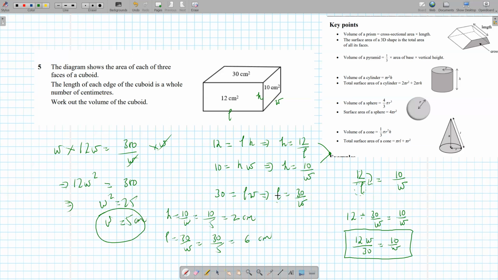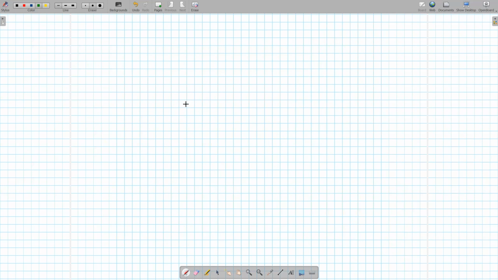Okay, so this one required us to kind of play around with 3 different equations. A quick question for you. Let's say 3x squared times 4x cubed. What do you get?